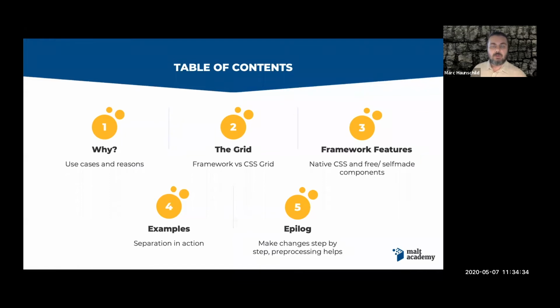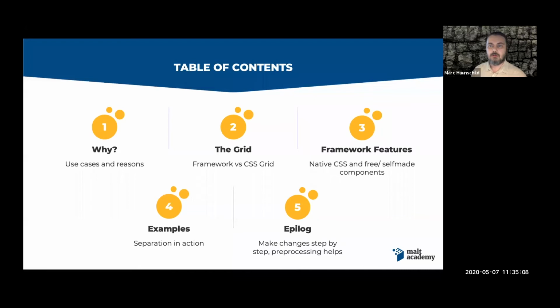Then we are talking about the grid. And the reason is because right now frameworks, CSS frameworks are very popular, and I'm trying to show you how to replace them with native CSS. And the reason why is because they do not separate these concerns. After saying why this is nice to separate these concerns, I'm telling you how to do this in your own code.